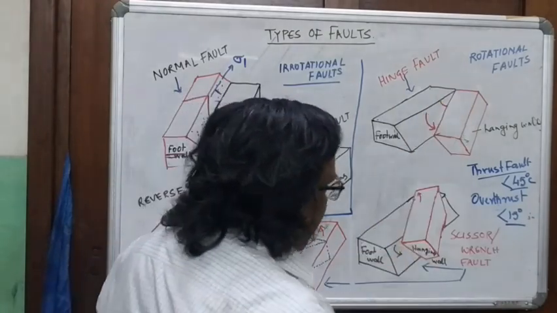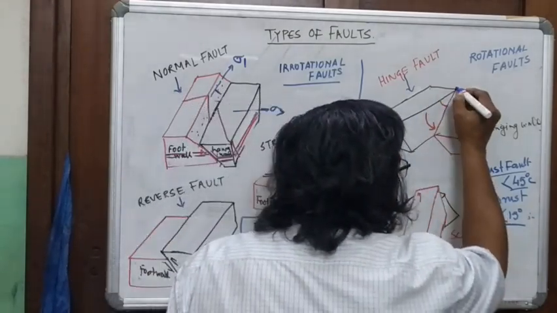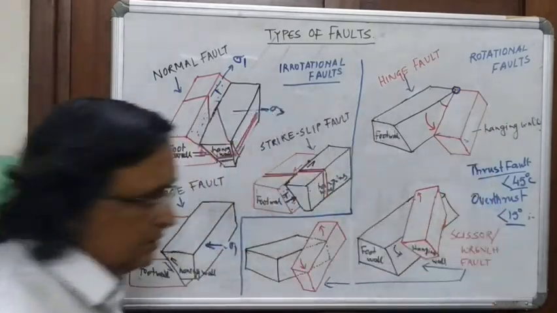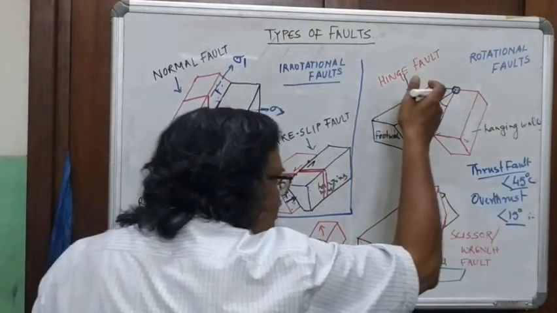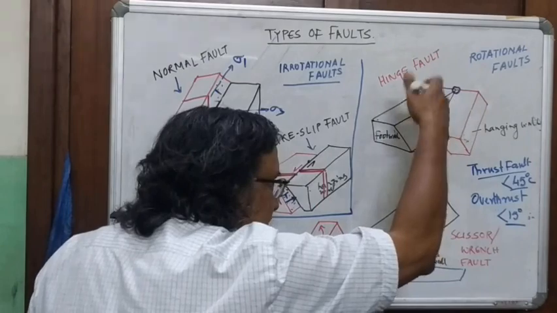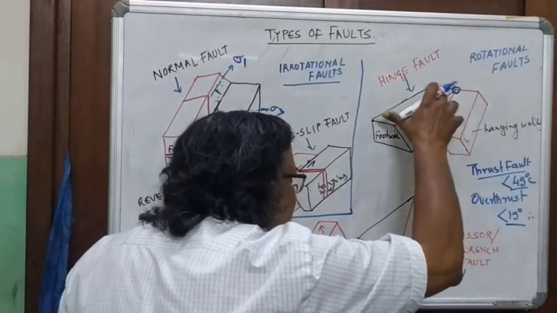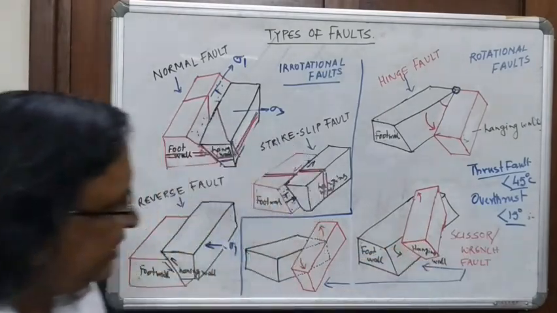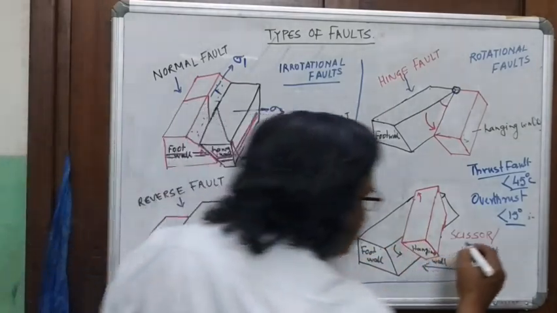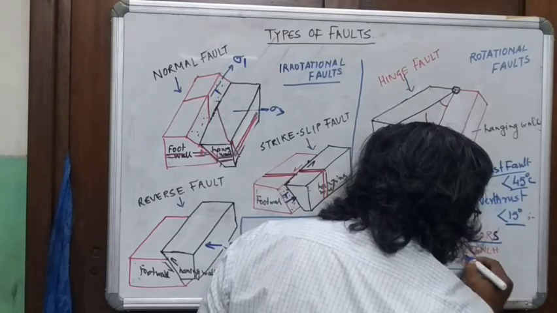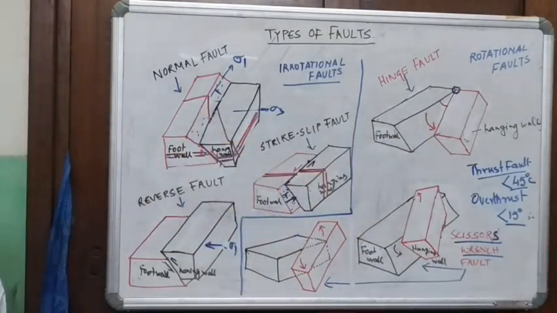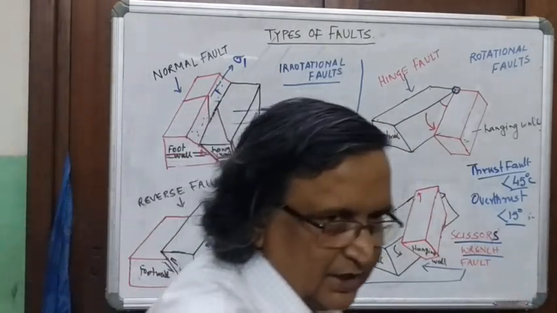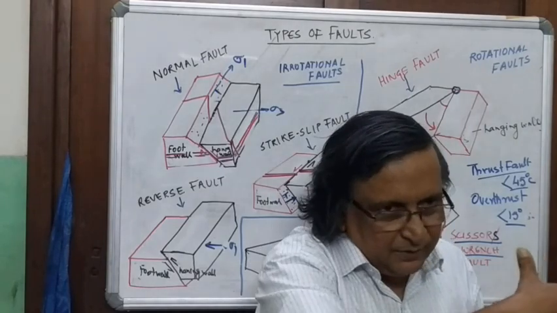In hinge faults, this material is hinged at one corner, and then the hanging wall hangs down or rotates with respect to the footwall. And the other fault that is here is called a scissors or a wrench fault. It's more like a scissors. You know, you are pressing this.